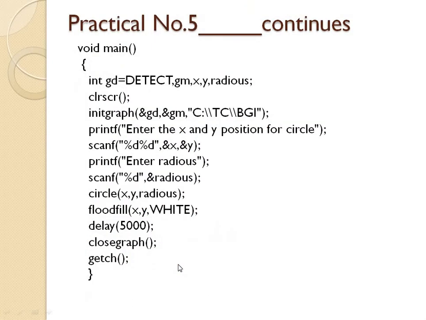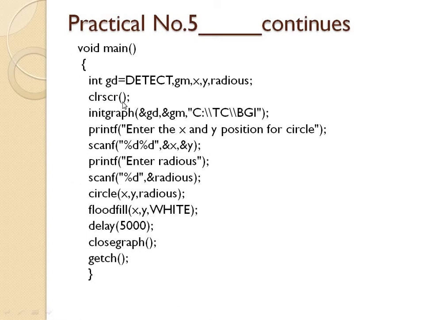Now the main function. In this main function we declare the graphics driver and graphics mode, and here we fill the circle. Here the xy coordinates and the radius of the circle are used as parameters.